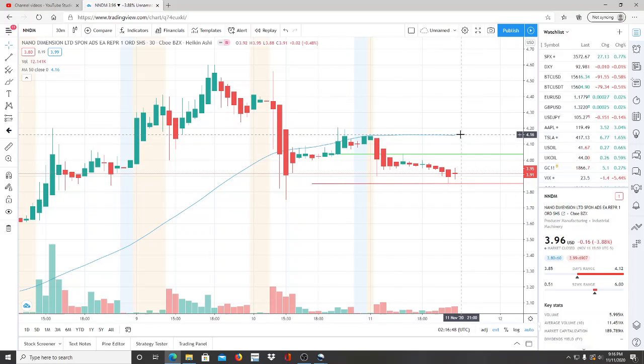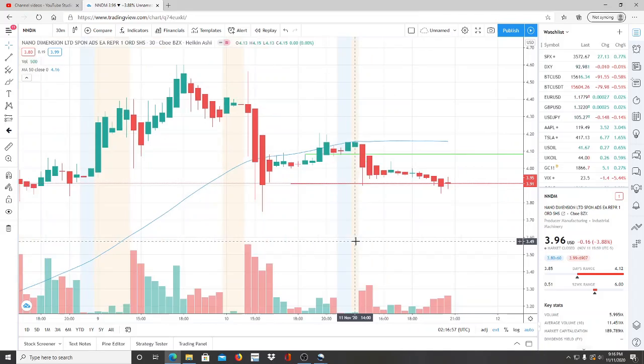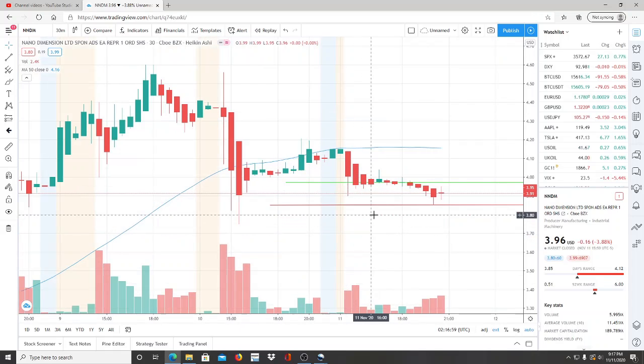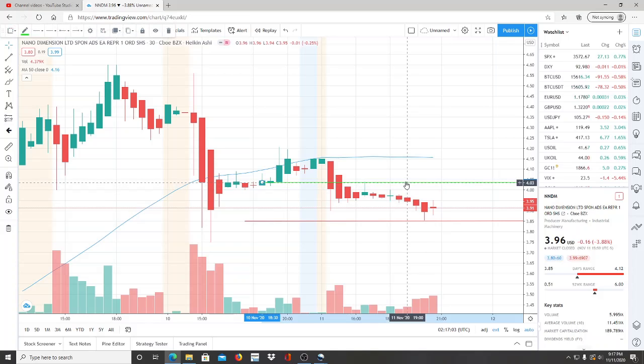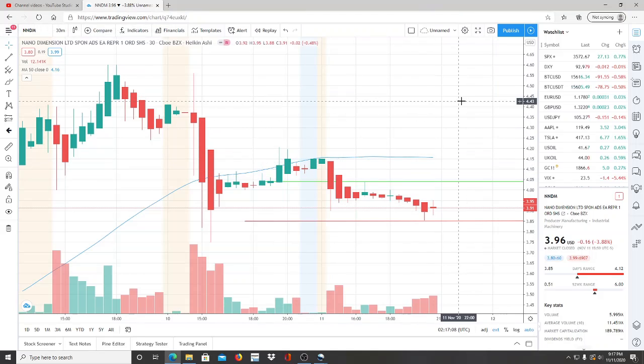So the 50-day moving average is 416. Keep that number in mind, because it lets us know which side of the chart we're on. So for the bulls to work their way up and get closer to the 50-day moving average and start to work their way back into bullish territory, they're going to have to break through resistance.